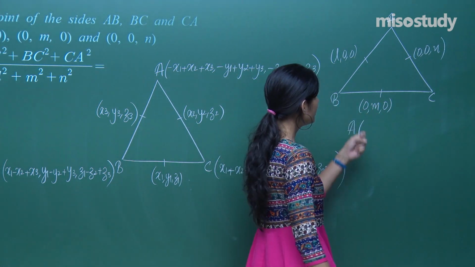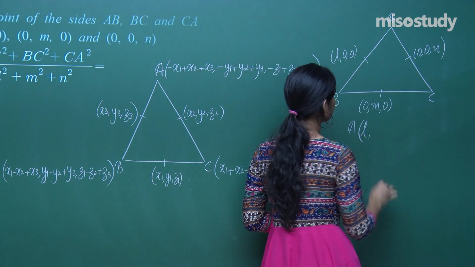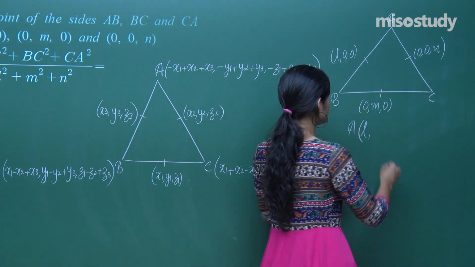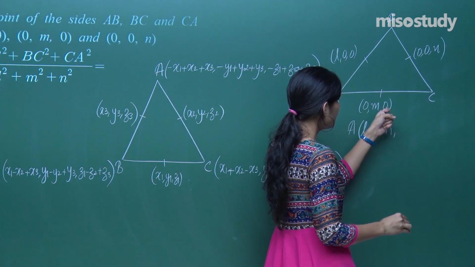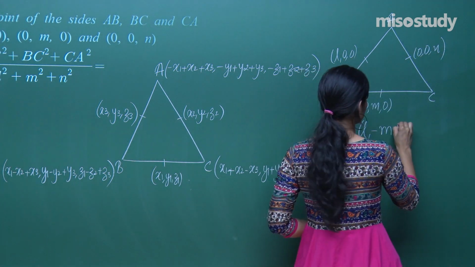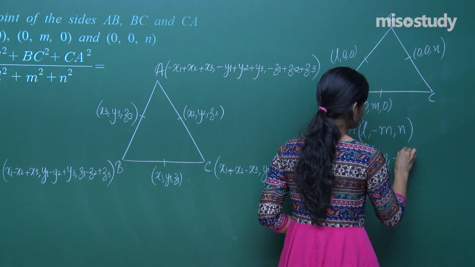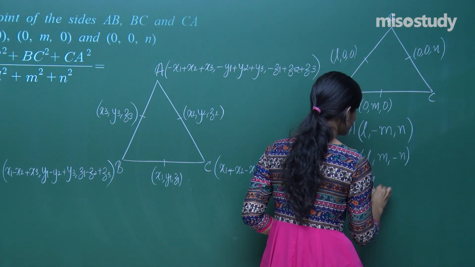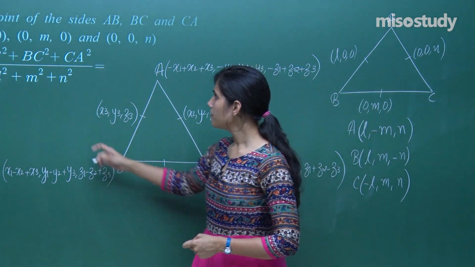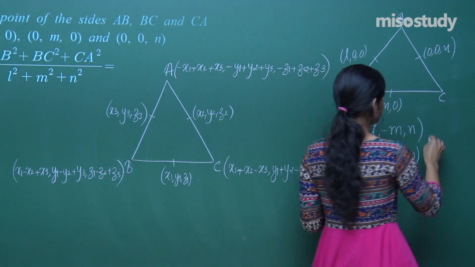A is going to be minus 0 plus 0 plus L, minus m plus 0 plus 0, and minus 0 plus n plus 0. Similarly, B will be L, m, minus n, and C will be minus L, m, n. Now it is asking us to compute AB square plus BC square plus CA square. What is AB square?